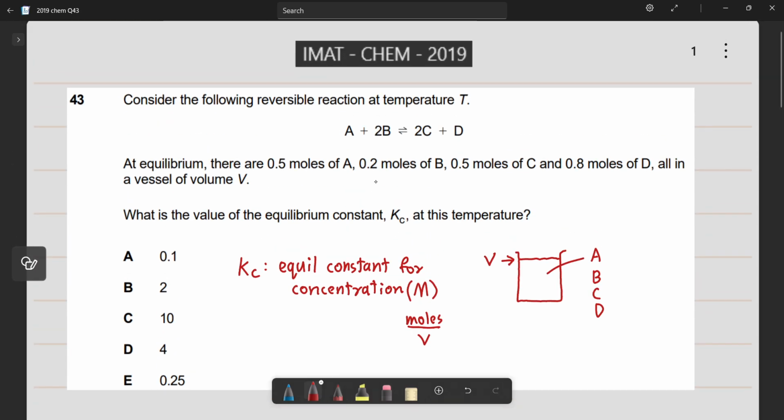Okay, so now we're given this chemical equation. So we must know this is a reactant. Okay, we will consider this as a reactant, and this we will consider as a product. Okay, so this reactant and a product.